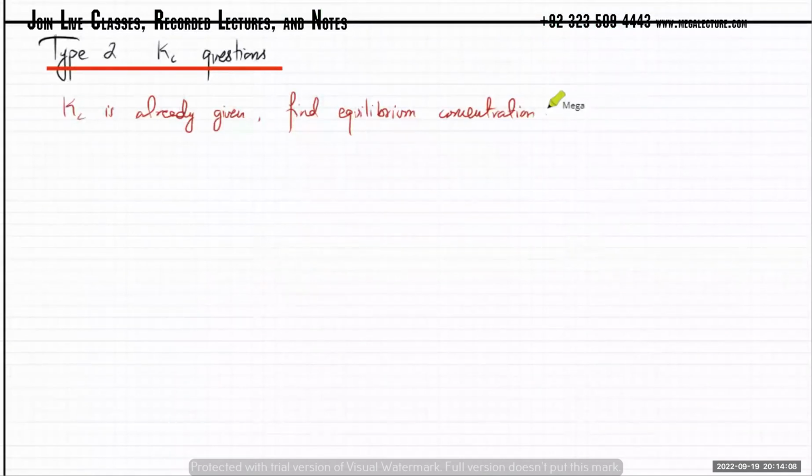Let's say I've got a question that says that initially, here's the example question.